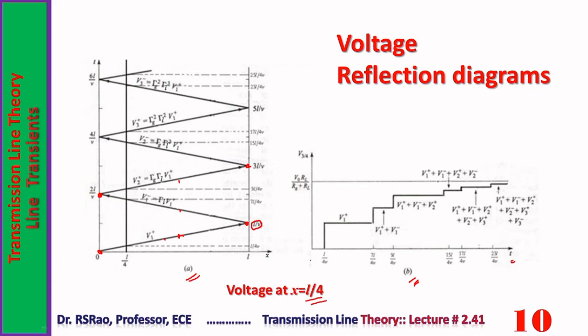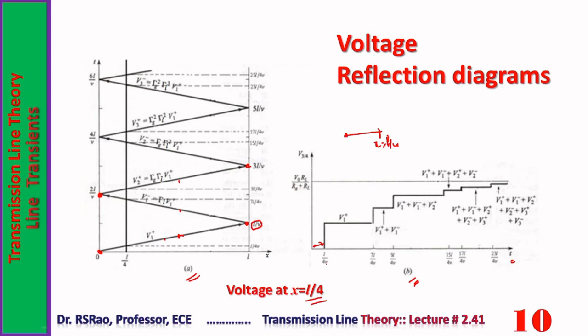For t less than L by 4V, there is no voltage. The wave started traveling here. To reach the x equal to L by 4 point, it takes some time. Before that instant, the voltage is 0. So here it is 0.